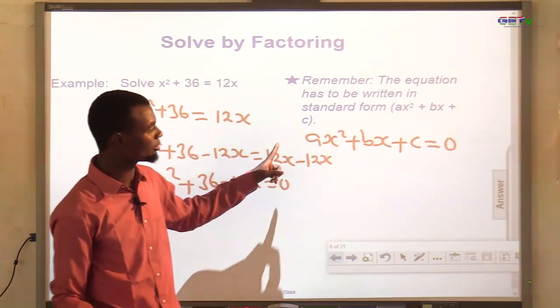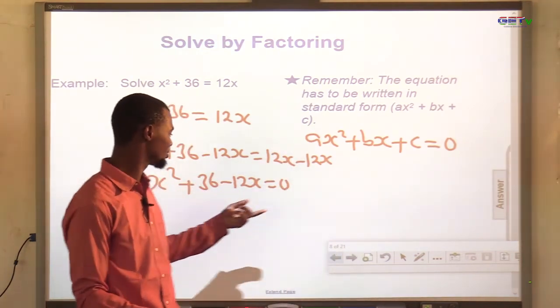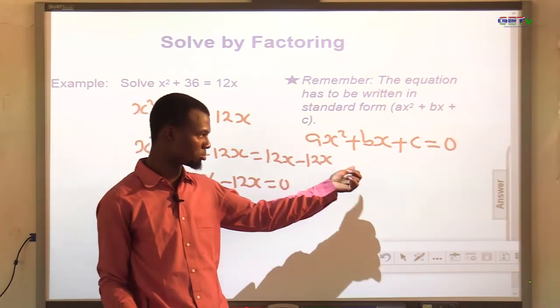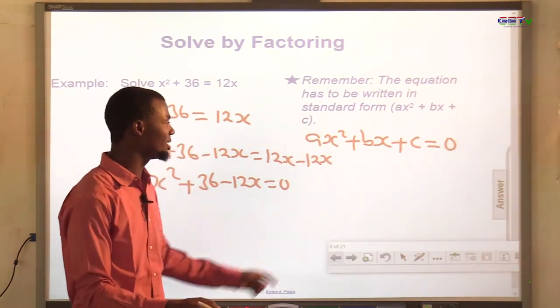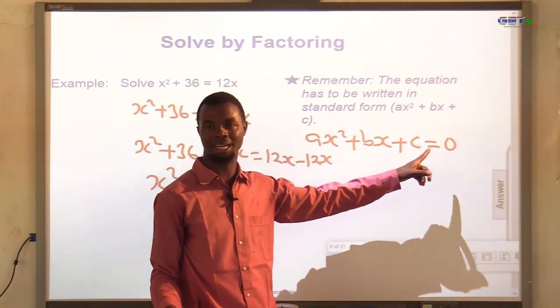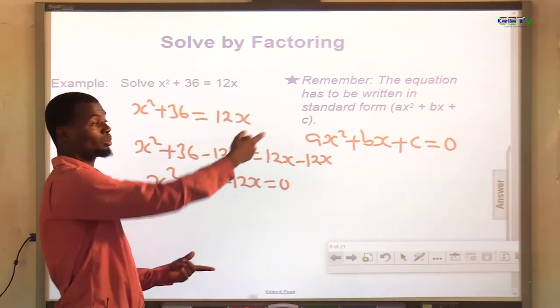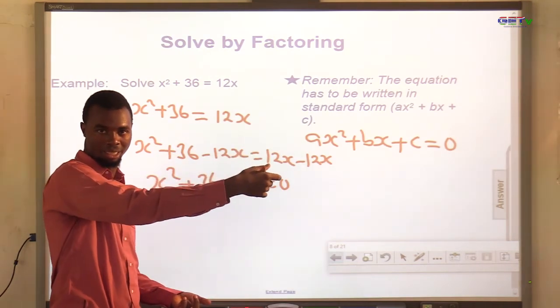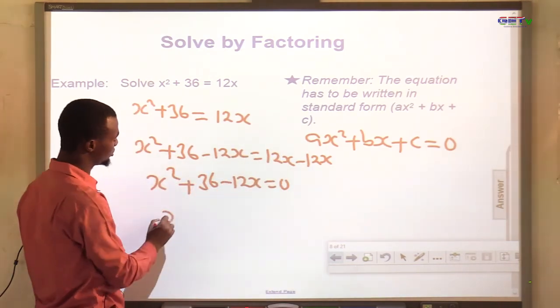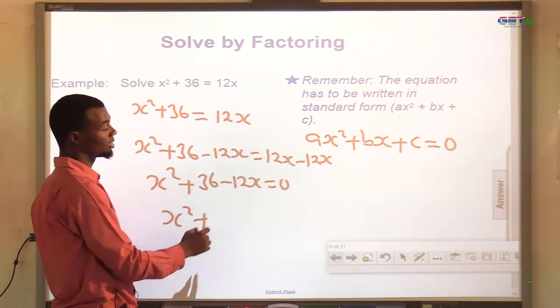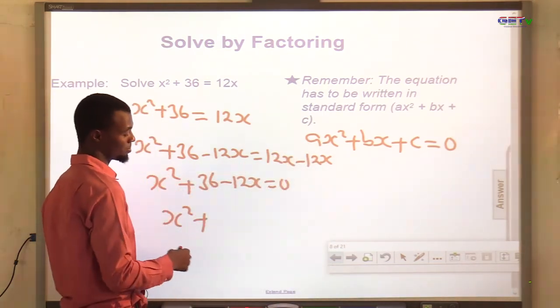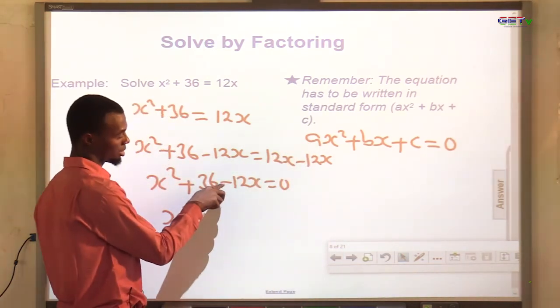Do we have it in the standard form? What is the standard form? ax squared plus bx plus c. Meaning the third term here should not have a variable. Which one is without a variable? That is what we put in the third position. That is going to give you x squared plus the one with x, which is a negative one. So we cannot put plus.